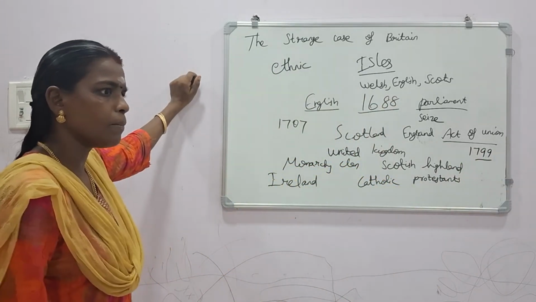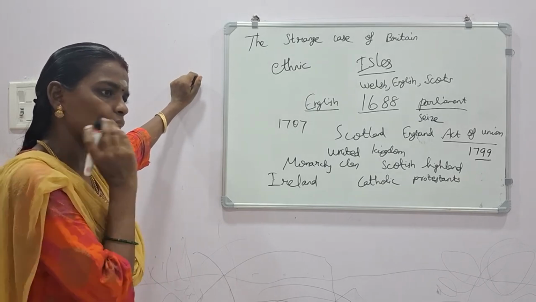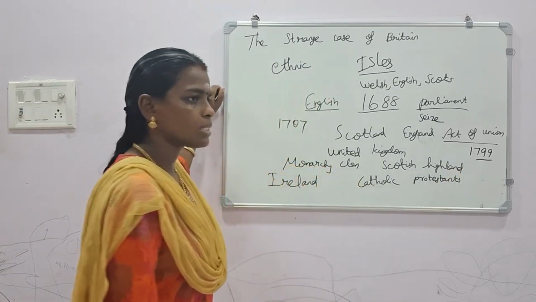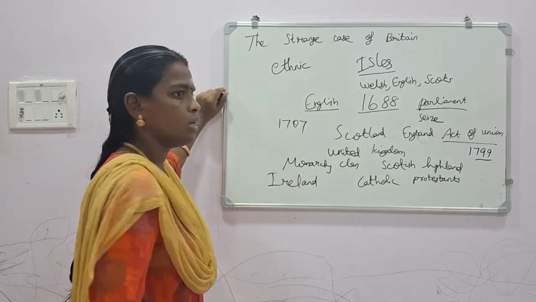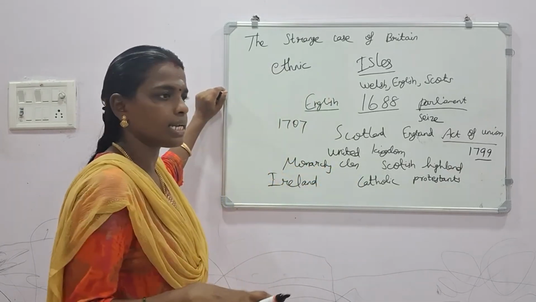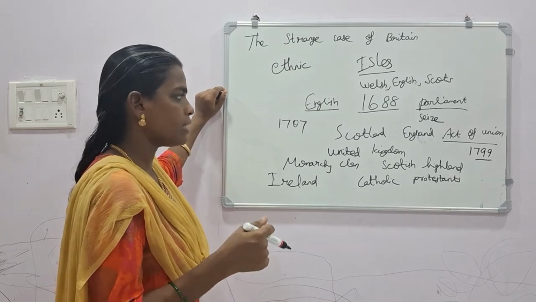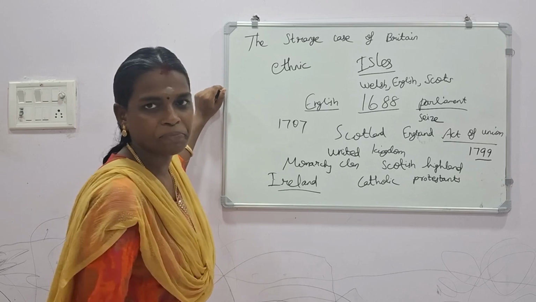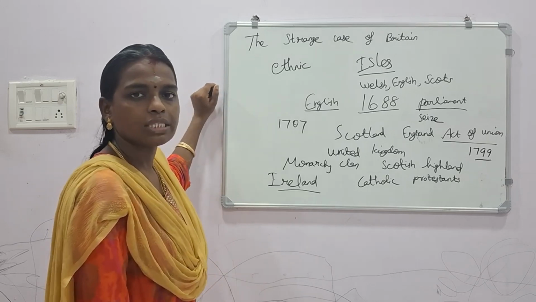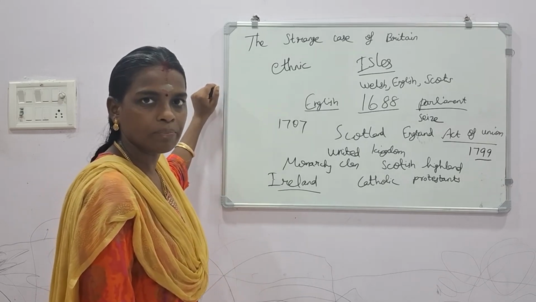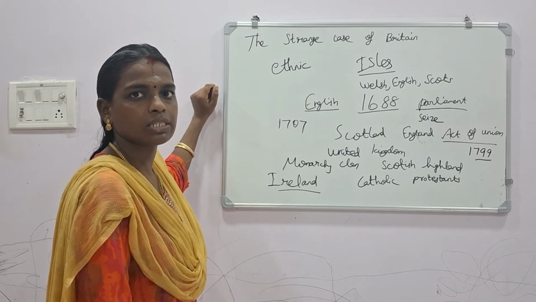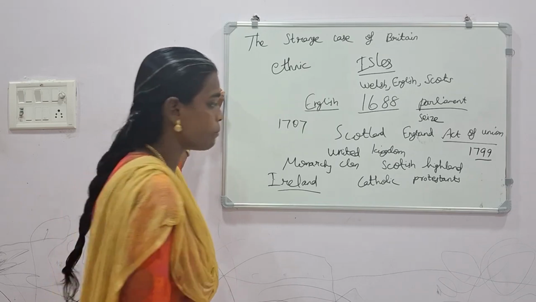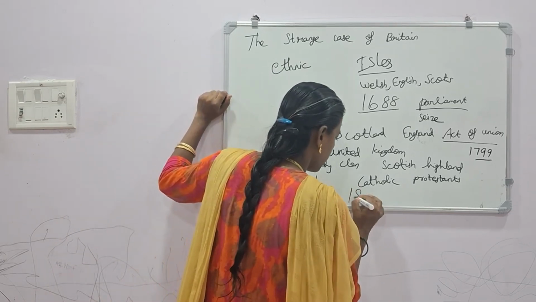When this revolt occurred in Ireland, it was curtailed and stopped, and by the way, Ireland also united with the British Empire. Ireland was united in a forced manner with the British Empire in the year 1801.